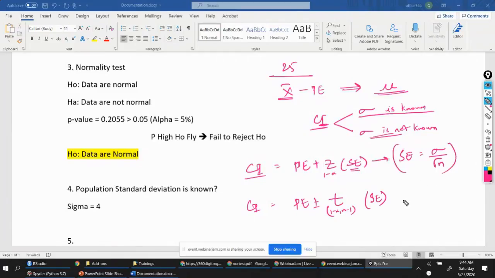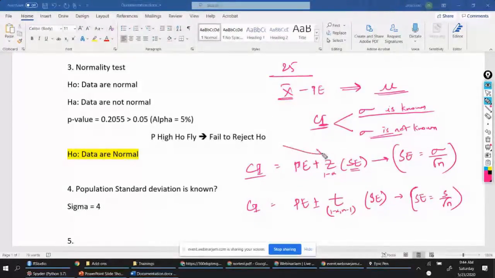And here, because I don't know sigma, I will take small s by square root of n. The variations that may occur if I take the sample standard deviation are captured using the t-distribution. Right? So these are the two differences.